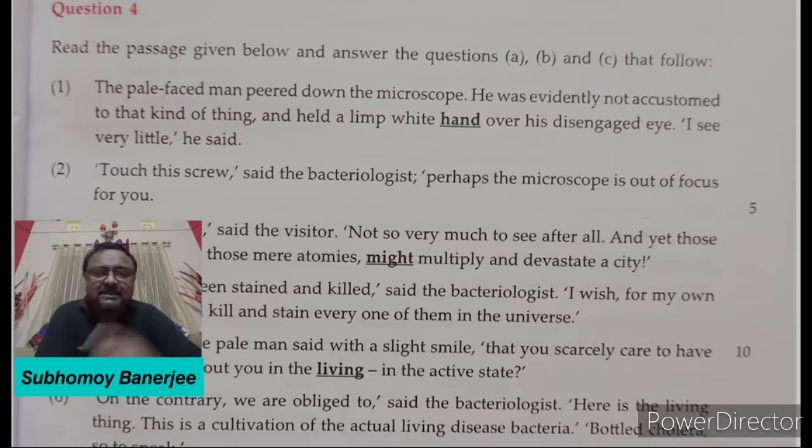And let's now try to read this passage, and you will observe, as you can see on your screen, there are some words which are printed in bold letters and which are underlined. These are the words which have 2 different meanings.